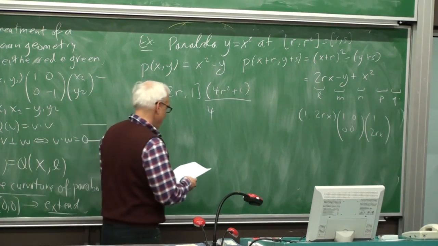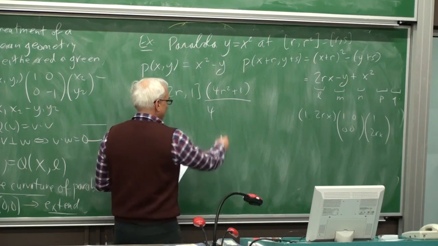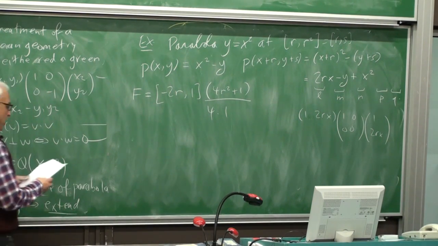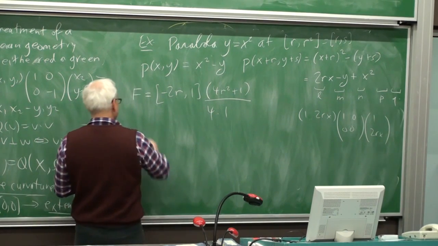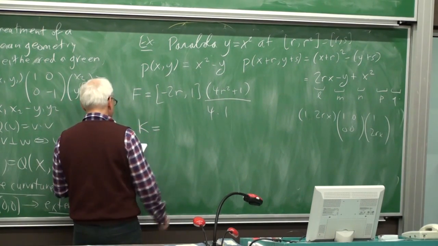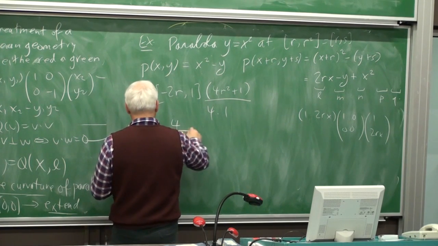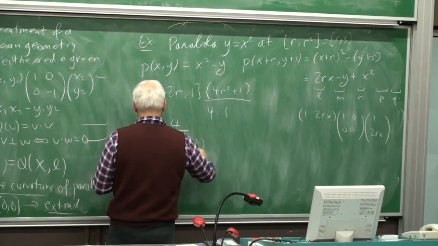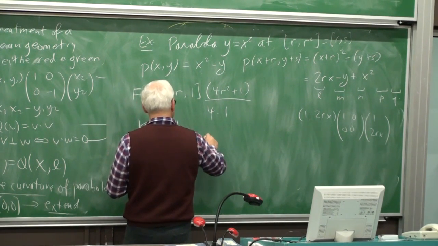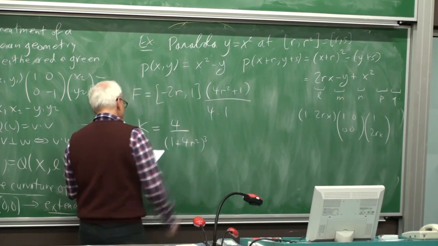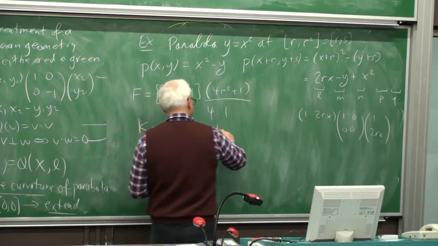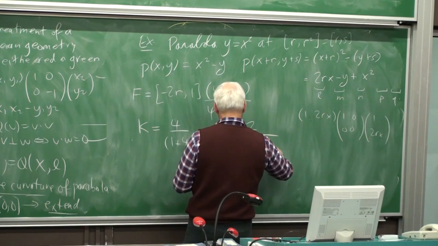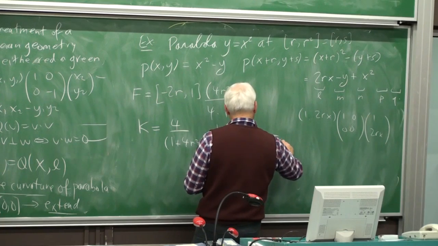So that's just going to be 1. It's a simple case. So we get then the curvature is going to be 4 over (1 plus 4r squared) cubed. This will be a 1 squared. The little curvature will be 2 over (1 plus 4r squared) to the 3/2.